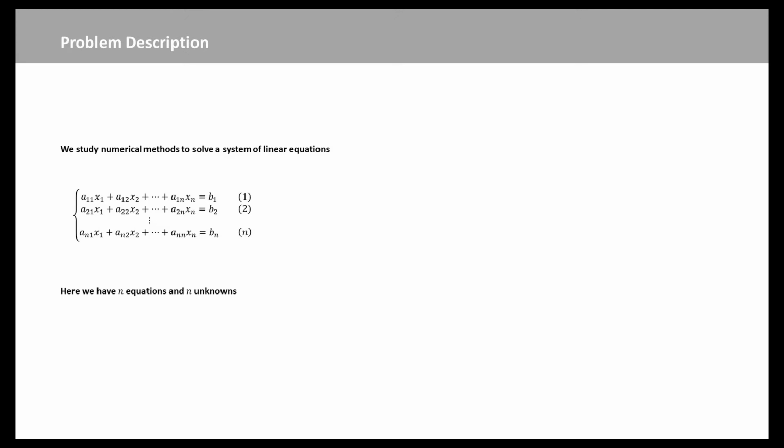We label them with a double index: a11, a12, a1n, and that is for equation 1. And then you have equation 2, where you change the first index into 2, so a21, a22, and so on, all the way down to the last equation. If the coefficients aij are nice in a certain sense, then the system has a unique solution.